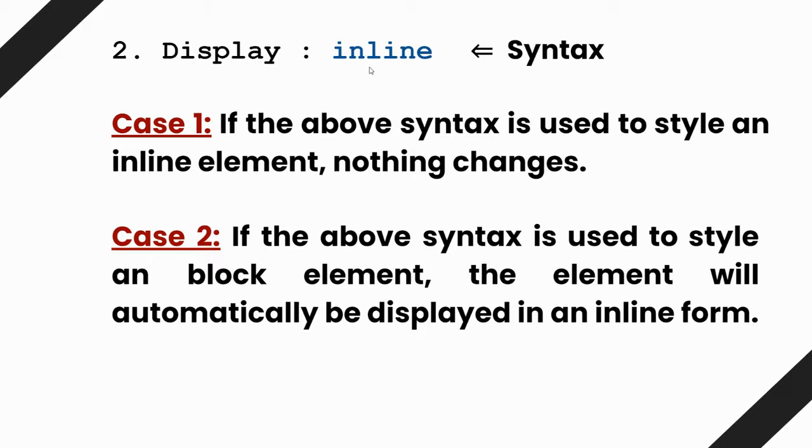But if it's used to style a block element as in case 2, the element will automatically be displayed in an inline form. So the display property just gives you more power to control how you want a particular element to be displayed, in block or inline form. That's dependent on the person that is coding it.